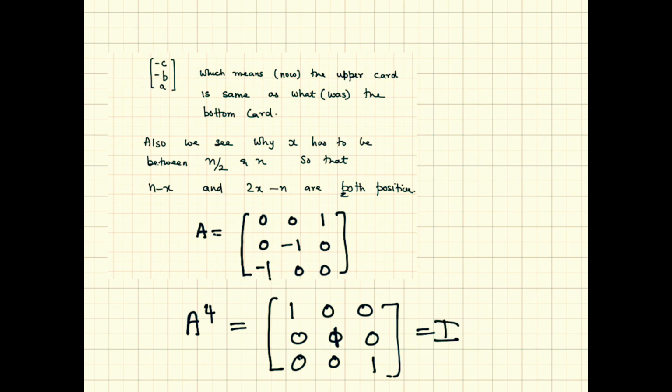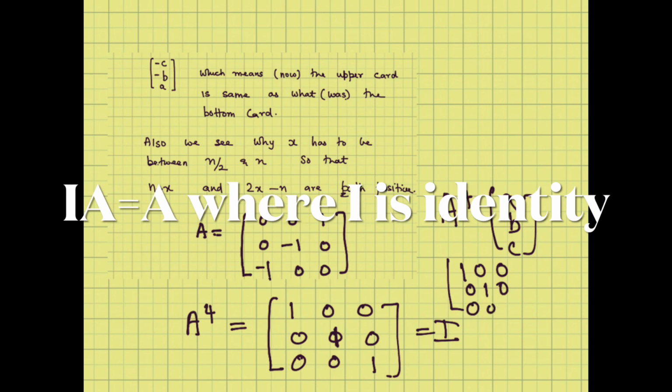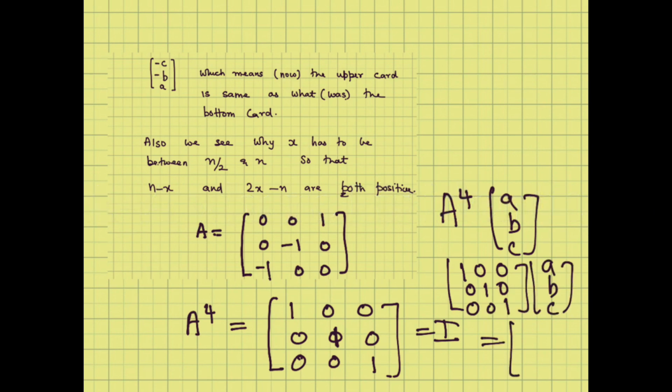That means the previous order which we started with is restored. So when you're taking A4 multiplied with ABC, it is the same as the unit matrix with ABC, and thus the order is exactly restored to what we began with. So this is how we explain the card trick using matrix theory.